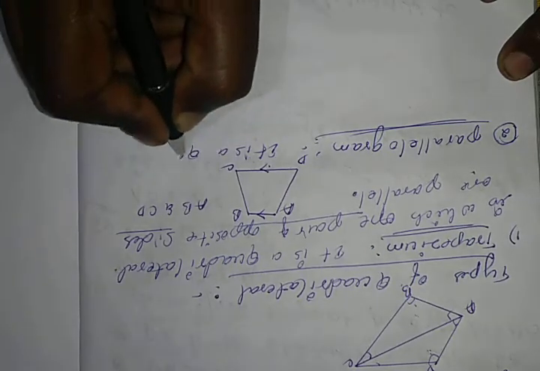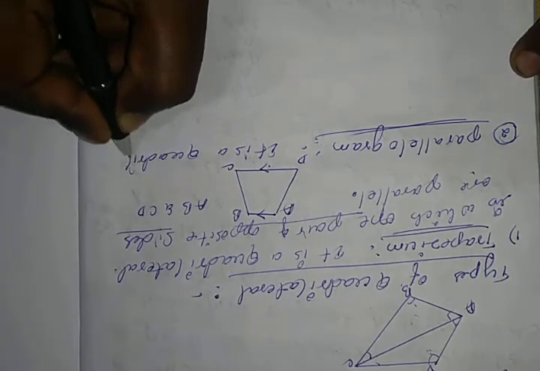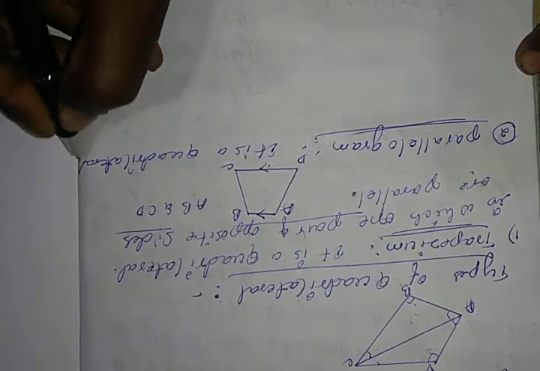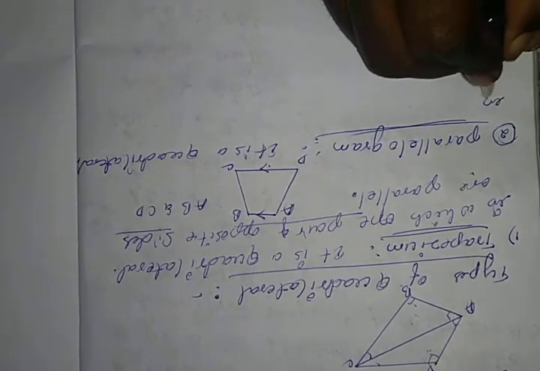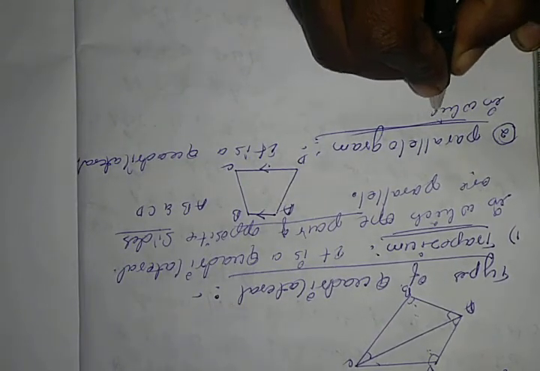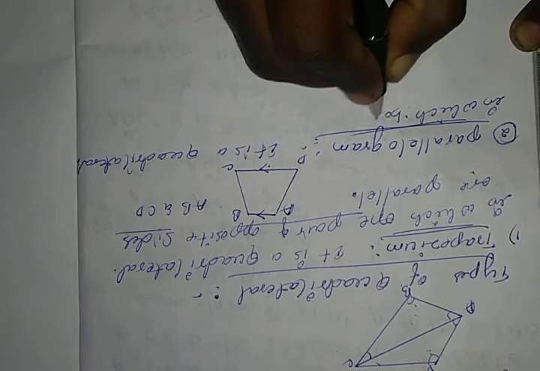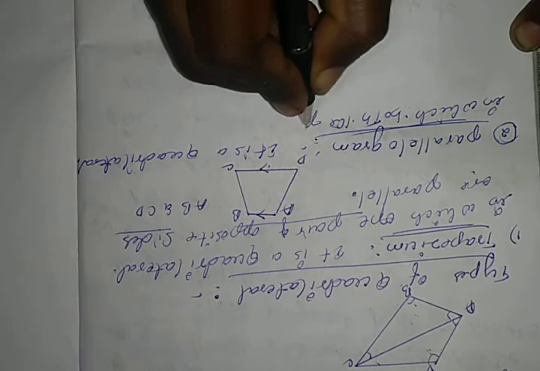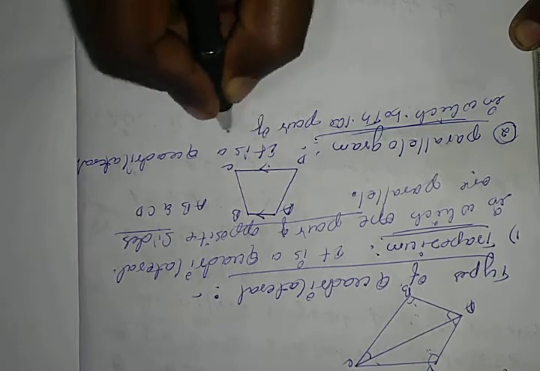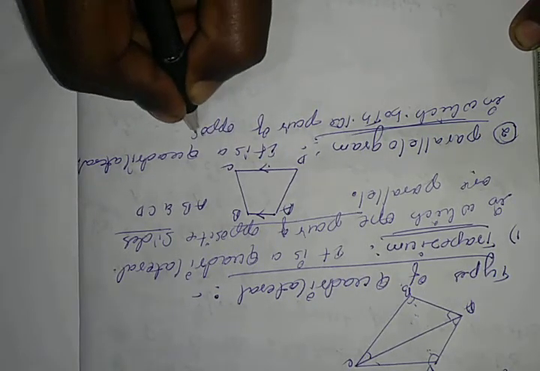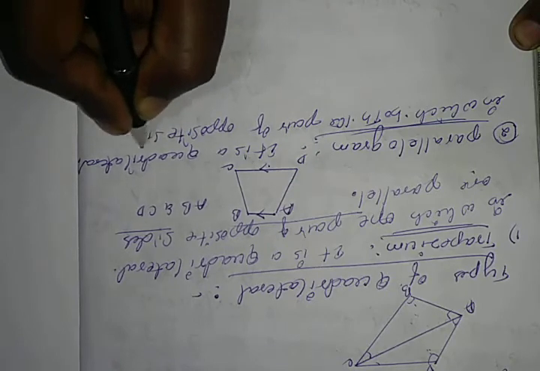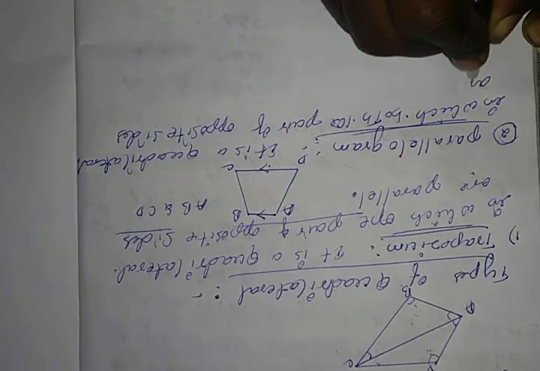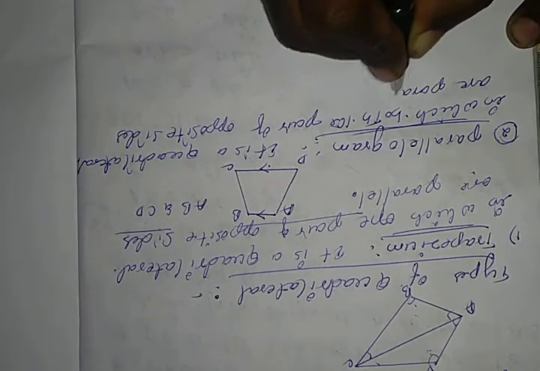It is a quadrilateral in which both pairs of opposite sides are parallel.